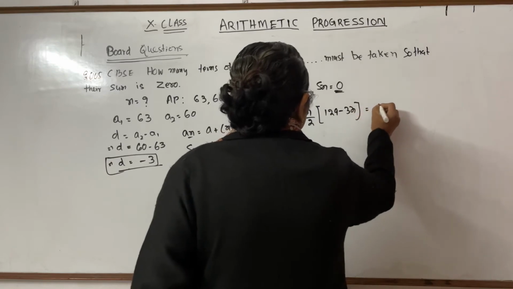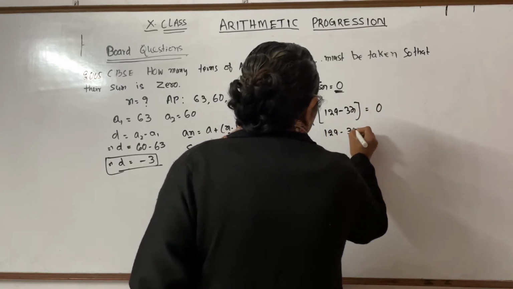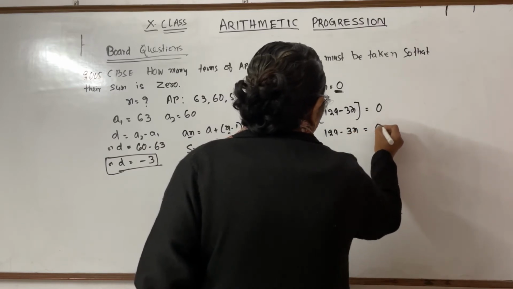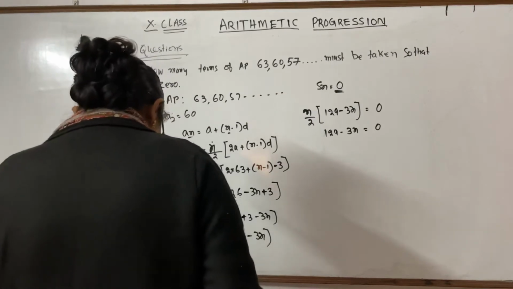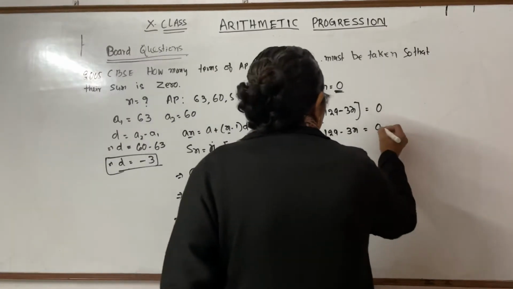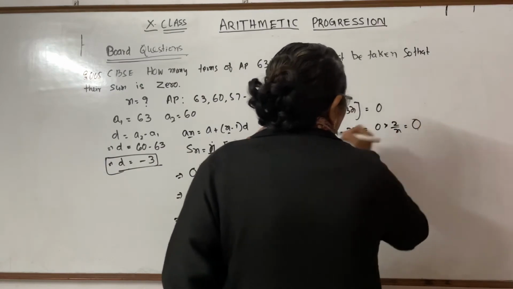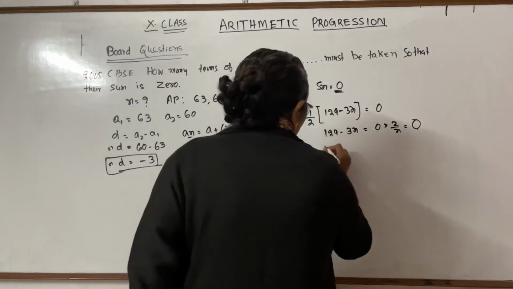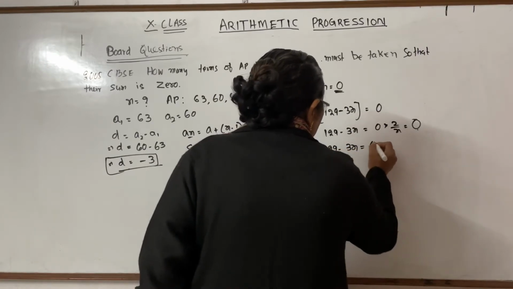Now n upon 2 into (129 minus 3n) equals 0. Since anything multiplied by 0 is 0, the factor n upon 2 gives no information, so 129 minus 3n equals 0.